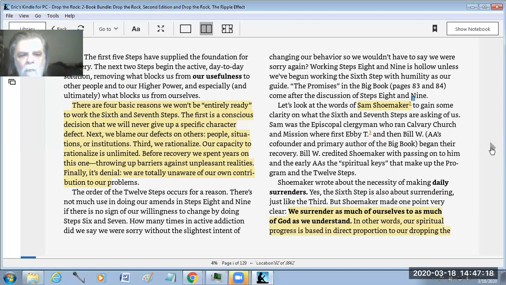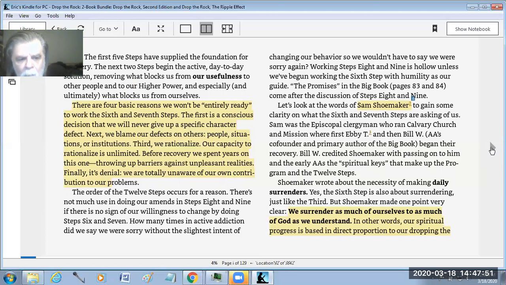There are 4 basic reasons we won't be entirely ready to work with the 6th and 7th steps. The first is a conscious decision that we will never give up a specific character defect. Next, we blame our defects on others: people, situations, institutions. Third, we rationalize. Our capacity to rationalize is unlimited. Before recovery, we spent years on this one, throwing up barriers against unpleasant realities.